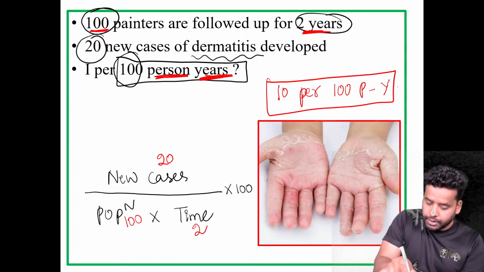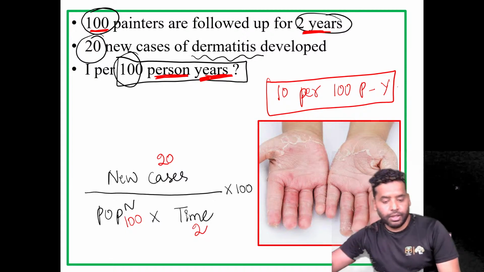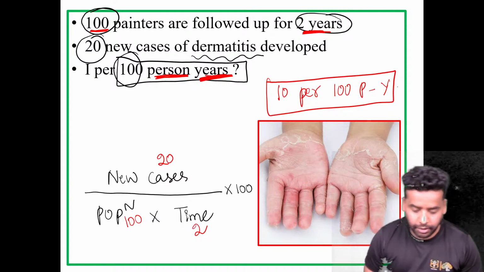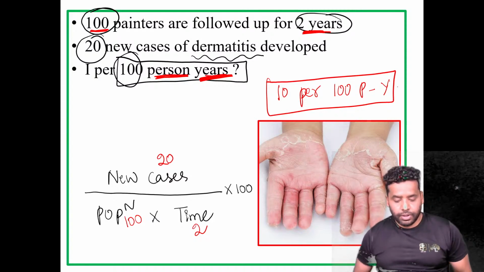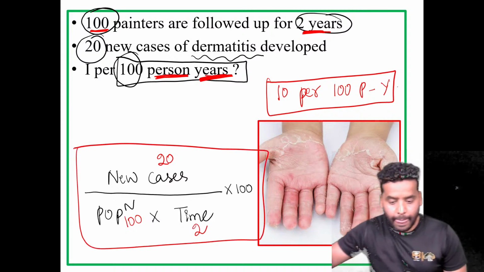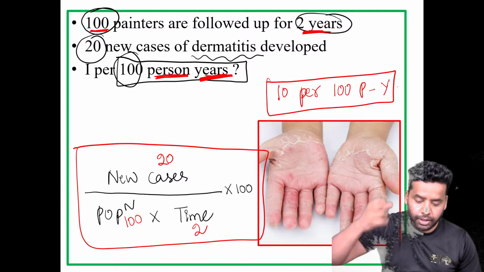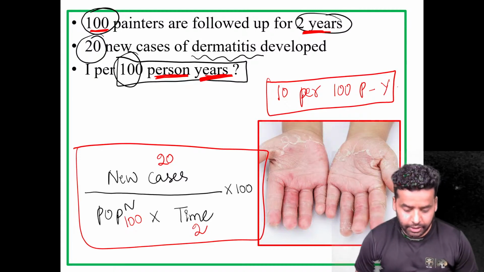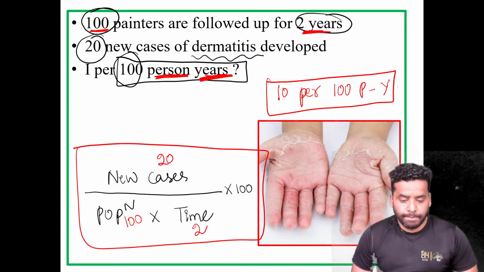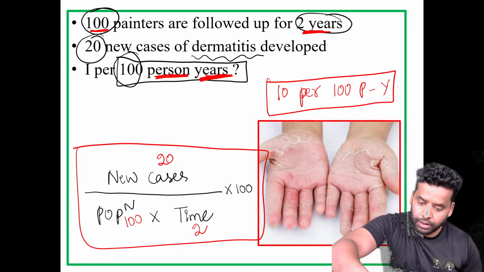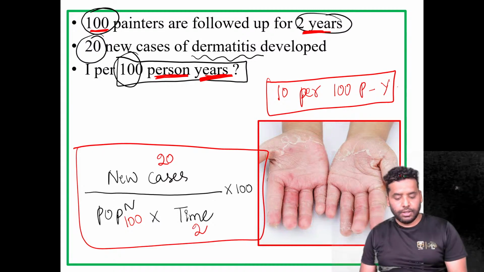How much did you get? 10 per 100 person years. First copy the formula, use that formula, and substitute in the question. Then you will get the answer as 10. Once you solve the question in the way I am telling, it is very easy. You get the direct answer.